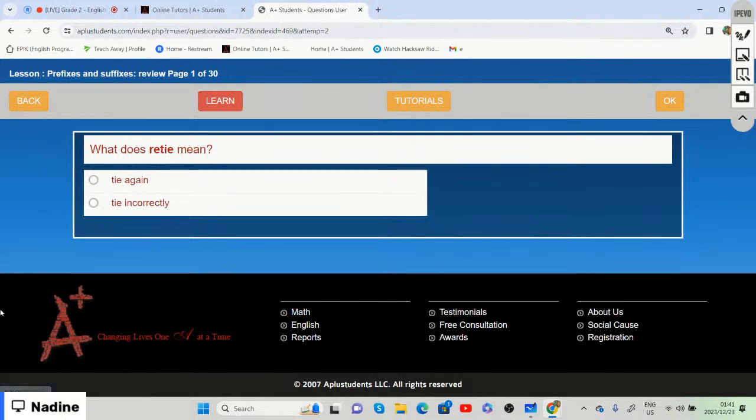All right, so now what does retie mean? If you retie, is it to tie again or to tie incorrectly? So is it tie again, the first option, or tie incorrectly, the second option?